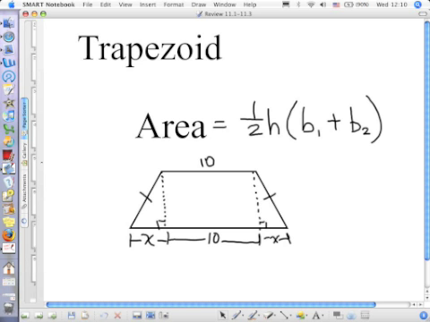where the area of a trapezoid is 1/2 the height times base 1 plus base 2. Remember, the 2 bases are the parallel sides of the shape, and the height is found inside.